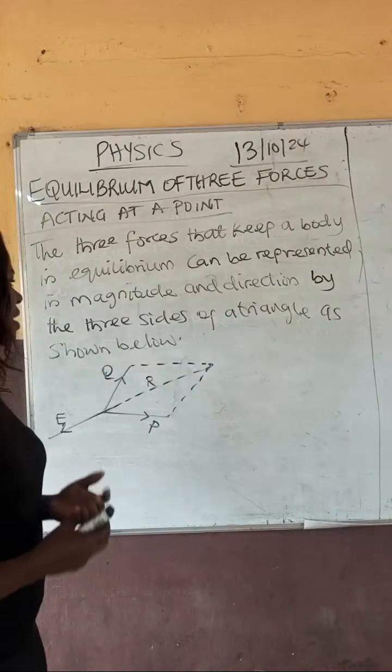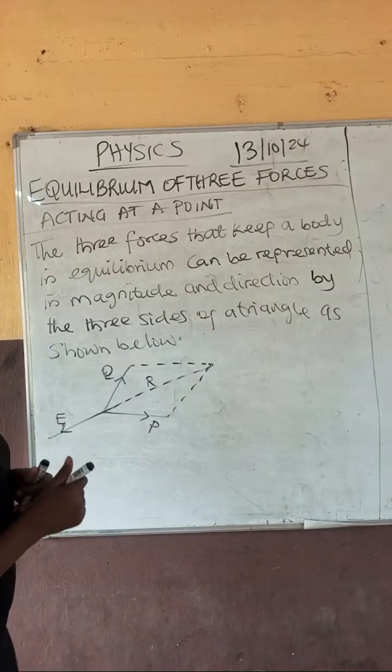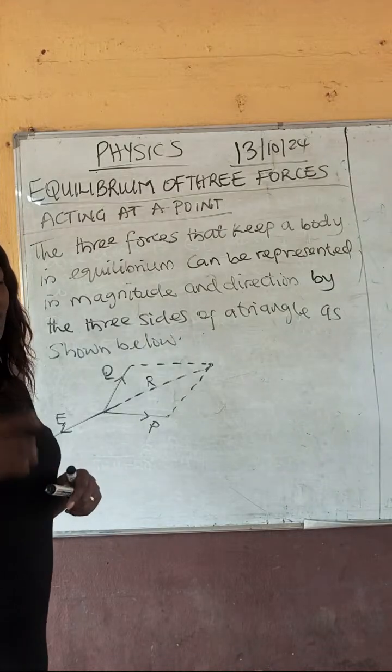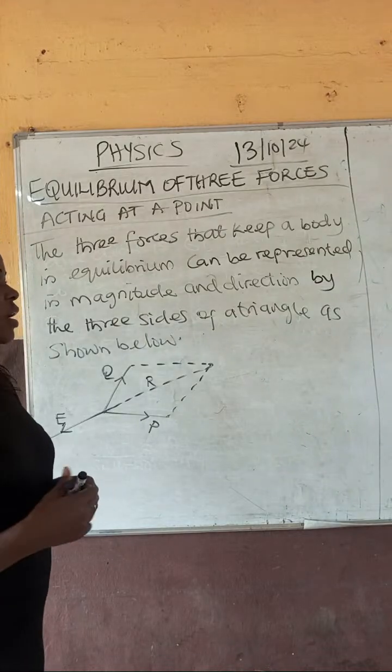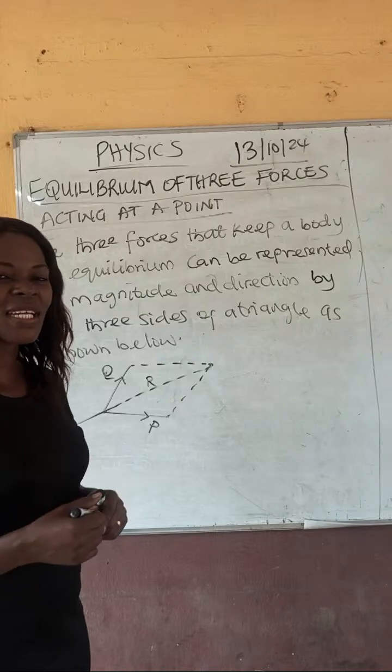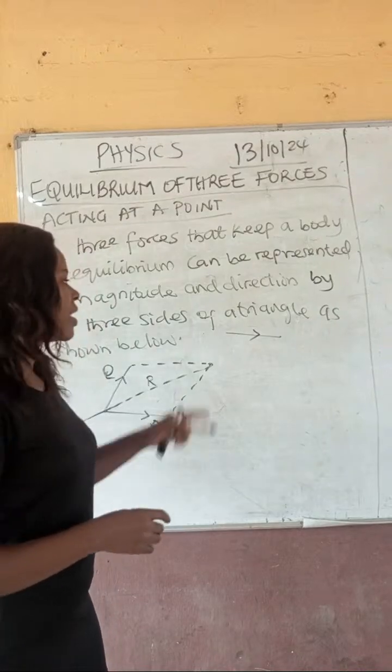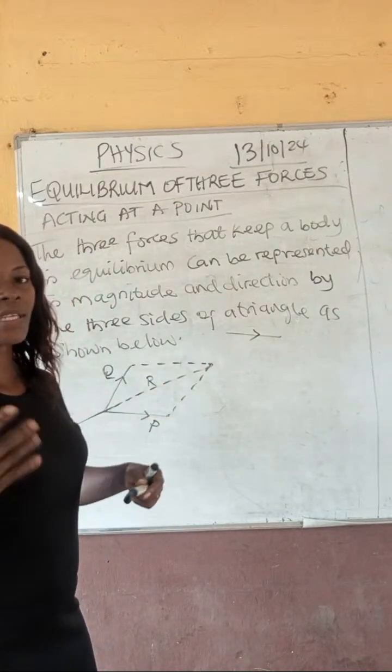Let me explain. The three forces that keep a body in equilibrium, that means you're looking at three forces. And how do you know what is a force or what is a vector? A vector is represented by a straight line that has an arrow. This is a straight line and it has what? An arrow. So anything that has an arrow becomes a vector.